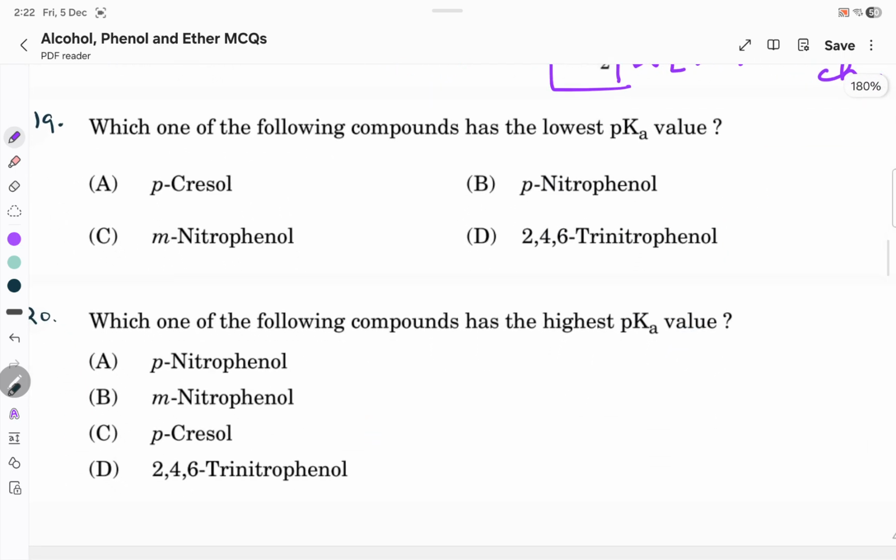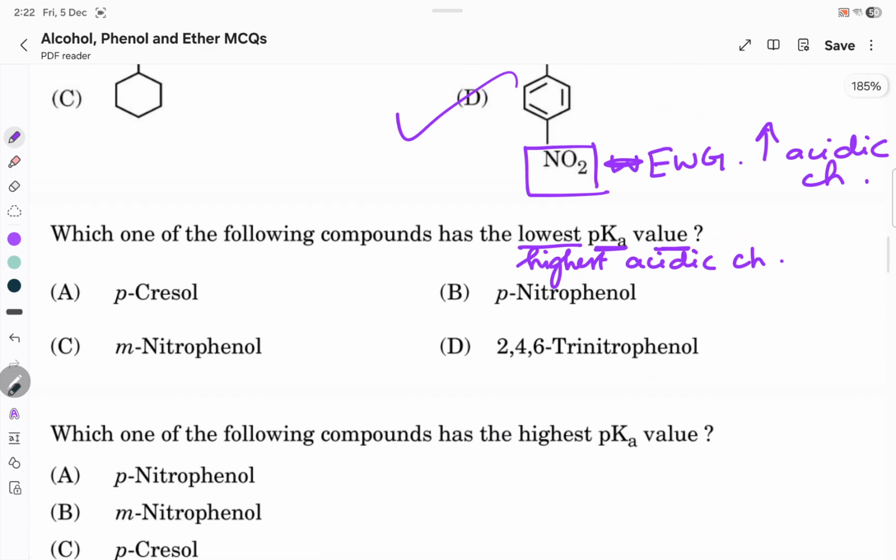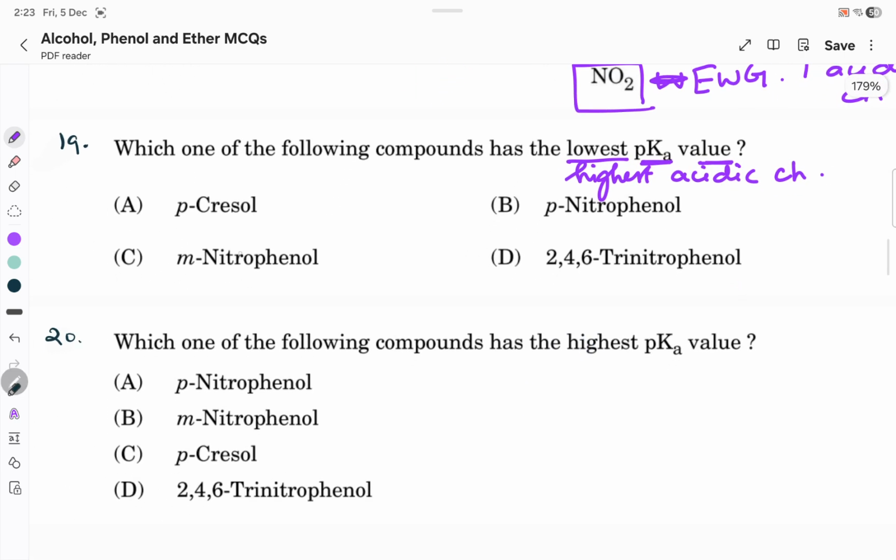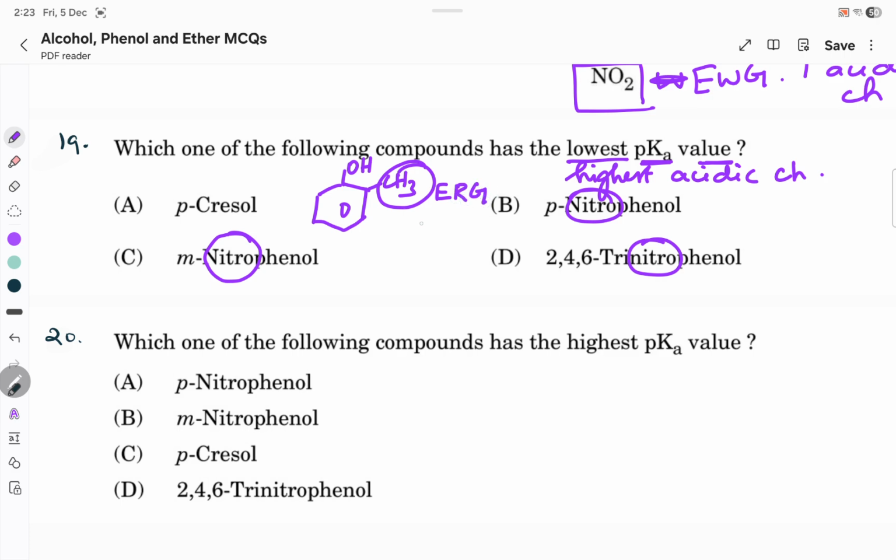Which of the following compounds has the lowest pKa value, meaning highest acidic character? pKa and acidic character are inversely proportional, so they are asking for the highest acidic character. As I already told you, we have to check for the electron withdrawing group, but in this option we have nitro and nitro. So it is not cresol, because cresol will have a structure like this. This CH3 group is an electron releasing group, so it is going to decrease the acidic character.